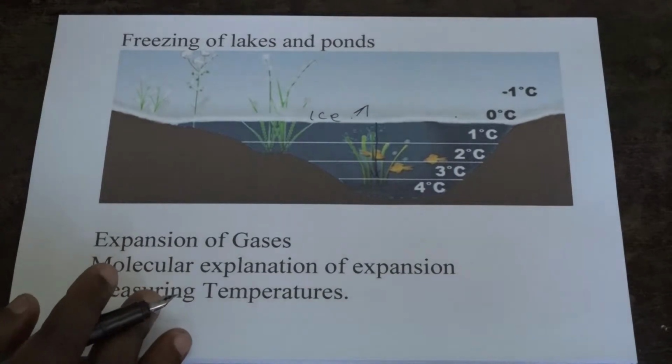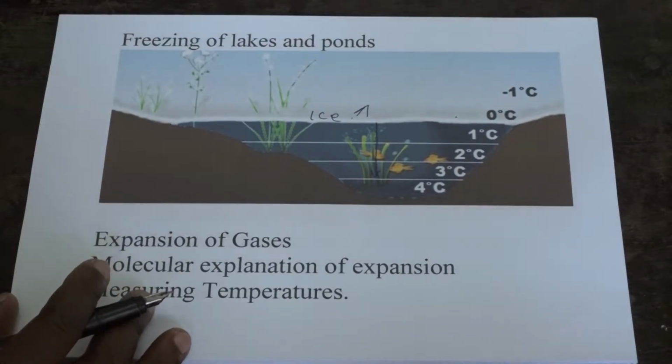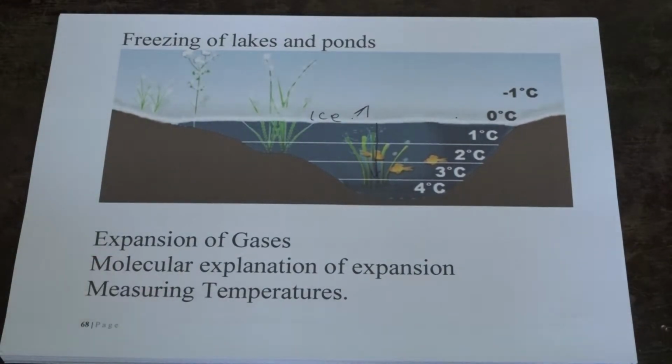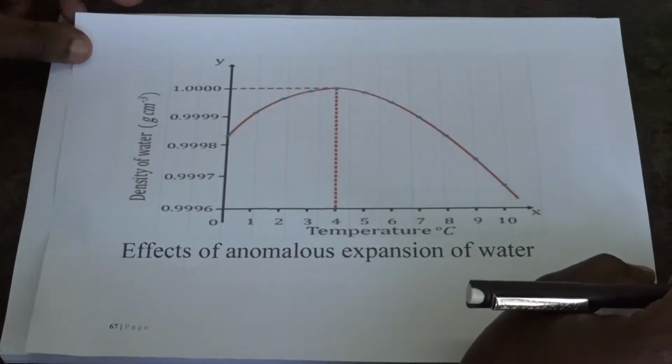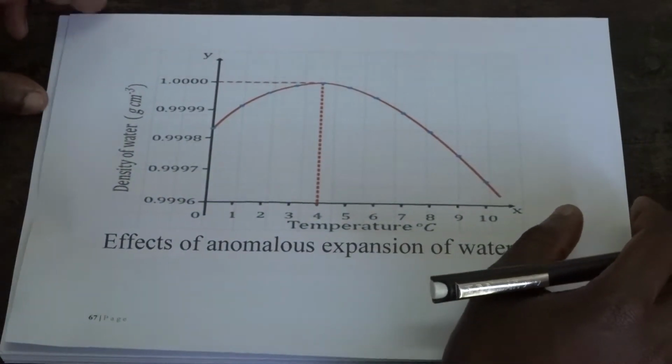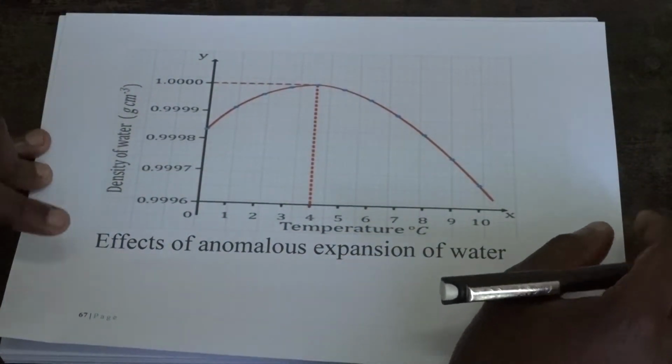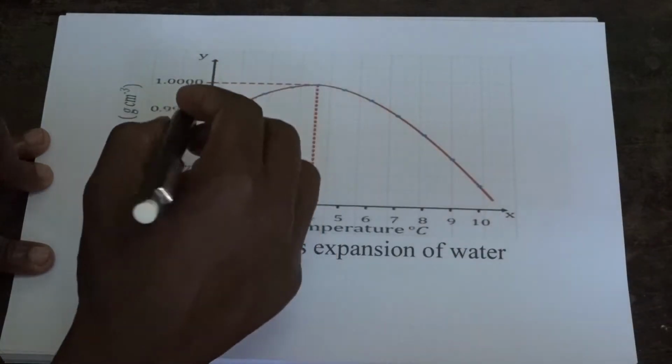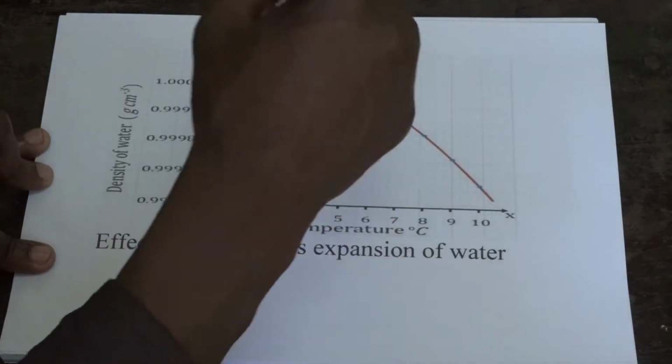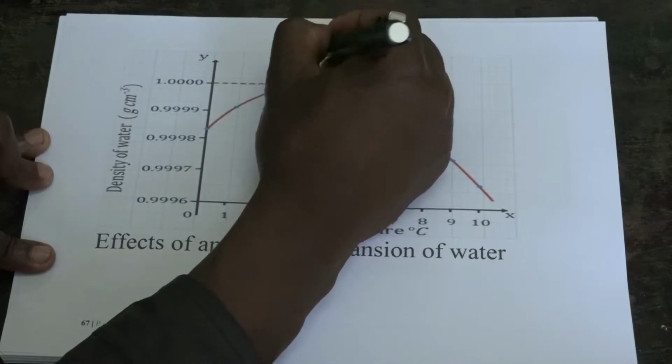Now, from the formula, if we have the mass constant, we can get the density, whereby density is equal to mass over volume. Since mass is constant, how can we refer to density?